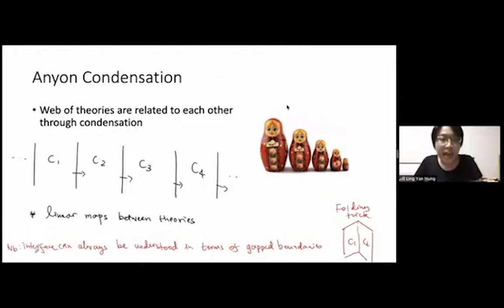But you see, any interface can be understood in terms of the physics of a boundary, because I could always imagine folding C2 into C1. Then what I was calling an interface is equivalent to the boundary of C1 cross C2 bar and nothingness. And therefore, if I understand completely what happens in the boundary, I basically know everything about interfaces as well.